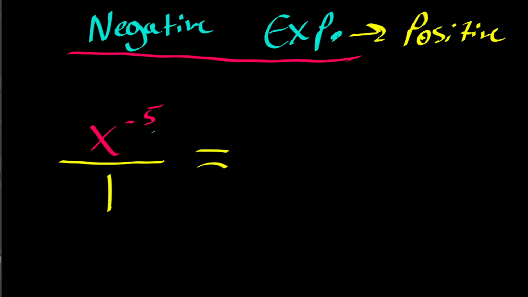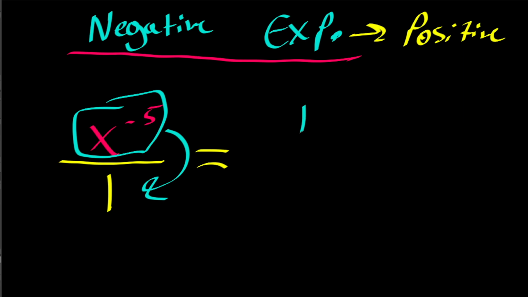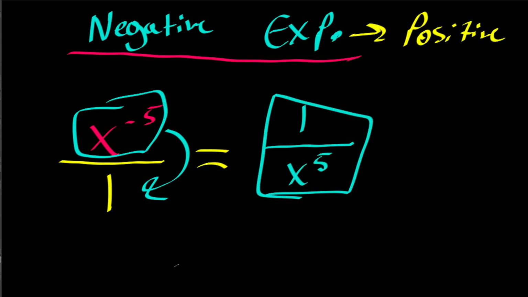It actually moves its position. It's currently in the numerator when it's x to the negative 5. If I want to make this positive, then I take this whole thing and I move it to the denominator. So once again, if it's in the numerator and negative, you can move it to the denominator to make it positive, and then you could do it the other way. If it were in the denominator, you could just move it to the numerator. So I can rewrite this as 1 over x to the 5th, and that would make my exponent 5 positive.